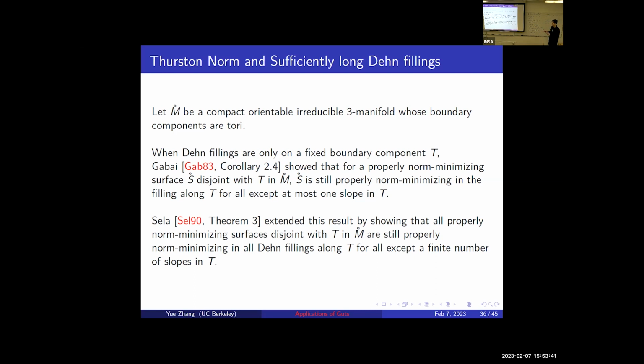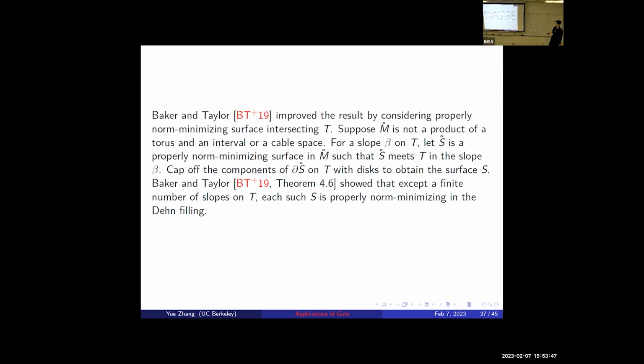What if the surface intersects the boundary that we're going to fill? That is what Baker and Taylor did. They showed that, with some trivial restriction, like M circle is not a product of a torus and an interval, not a torus times interval or a cable space, then for a slope beta on T, we let S circle be a properly non-minimizing surface in M circle such that S circle meets T in the slope beta, and we cap off.